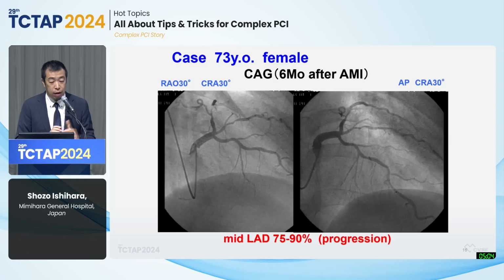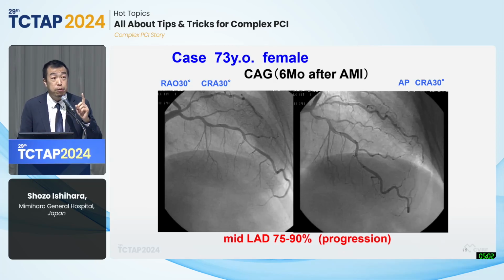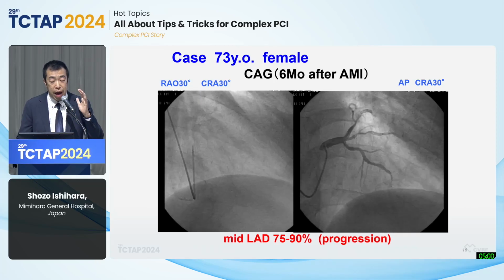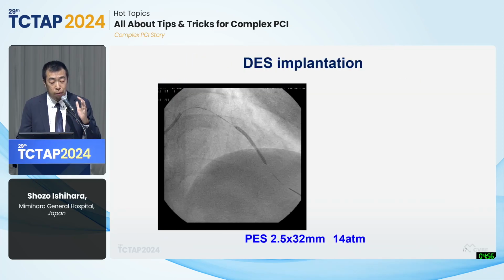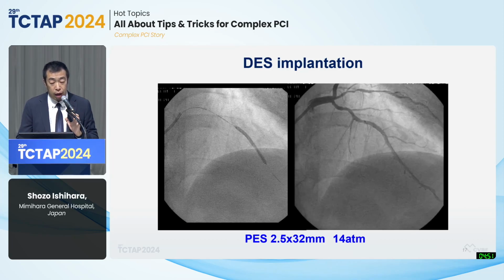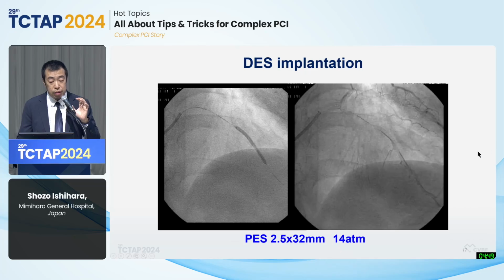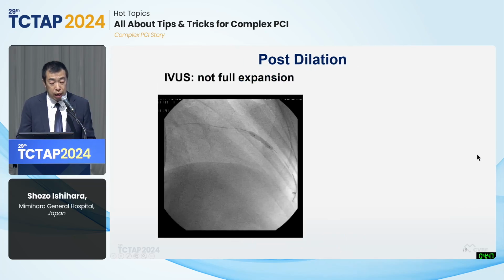I will show another case. This is a 73-year-old female after AMI, and an LAD lesion was progressive, so we performed PCI. After putting in the drug-eluting stent, some indentation was still shown.